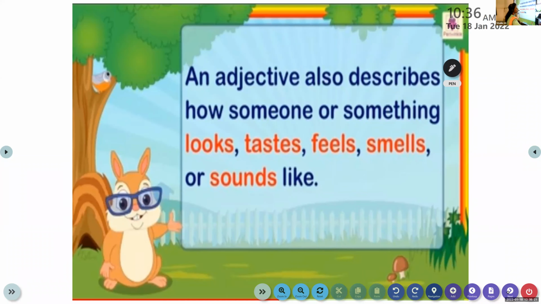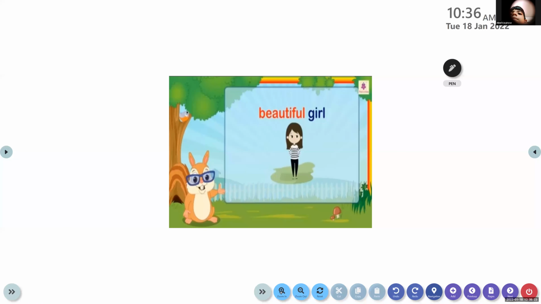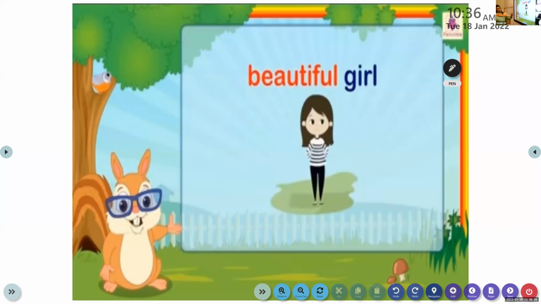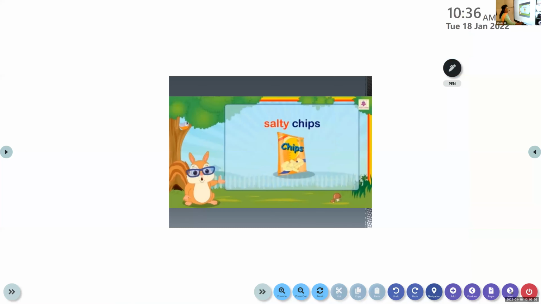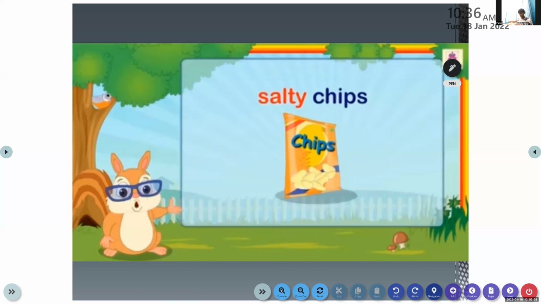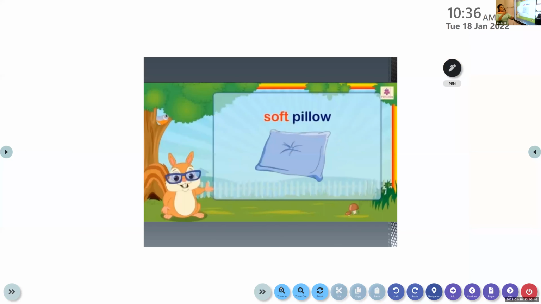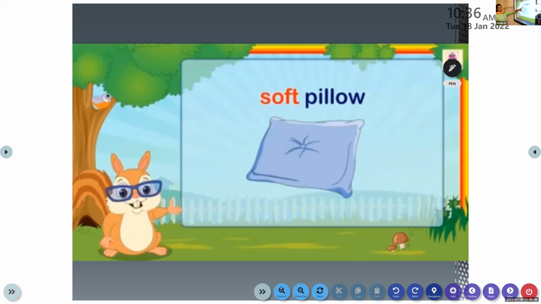Okay, now see how you know that she's looking beautiful by using your sense organ when you look at a girl. So beautiful girl. Beautiful is an adjective here. Only when you taste the chips, you know it is salty. So salty is an adjective here. Only when you touch it, you know it is soft.